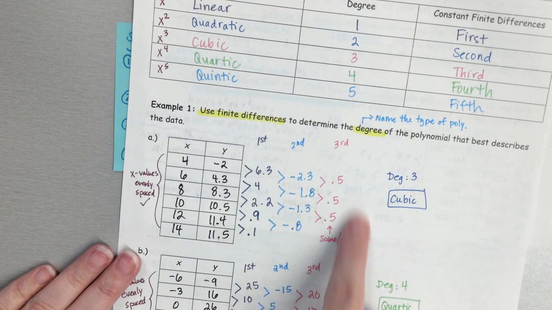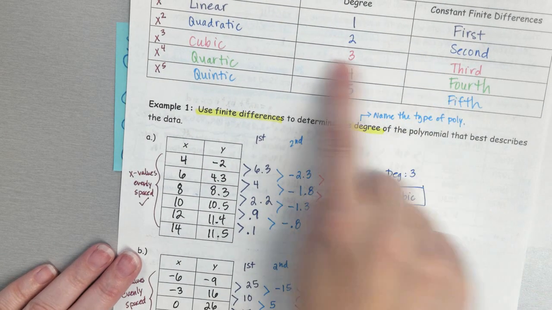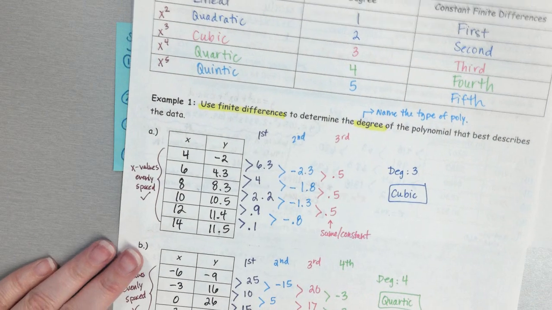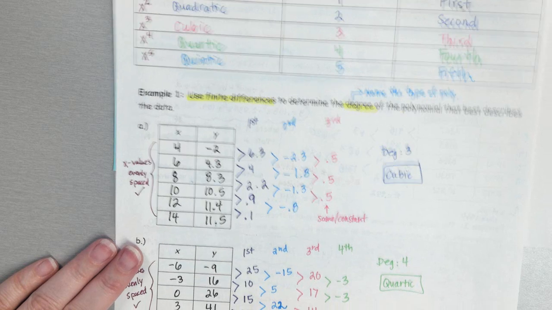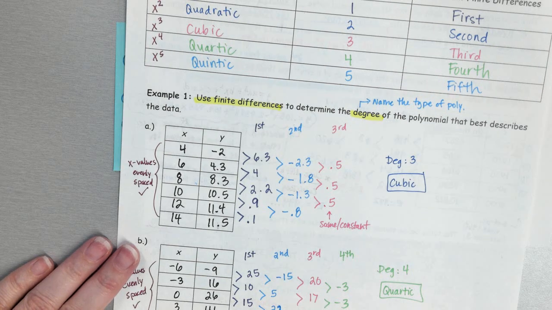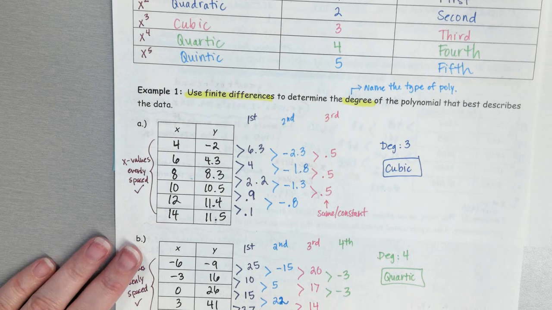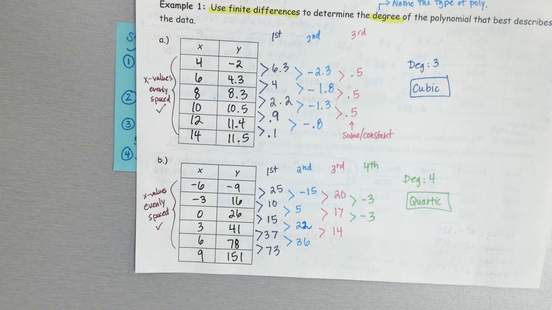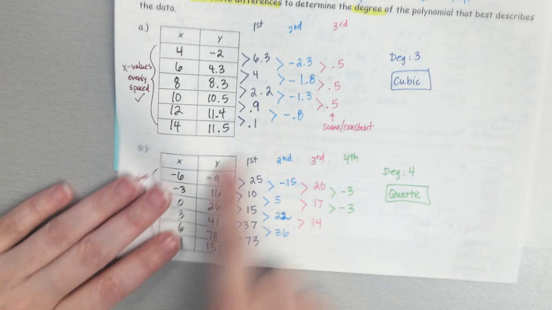And for this one, the third one was 3, so then it's going to be a cubic. Remember when we did this earlier with the quadratics, we only found the second differences, and then we determined if it was quadratic or not? That's the same process here, except we were only working with quadratics, so we didn't have to worry about the other ones. Sam, did I answer your question too? Yeah, I was just wondering how you find it. Okay. Thanks.